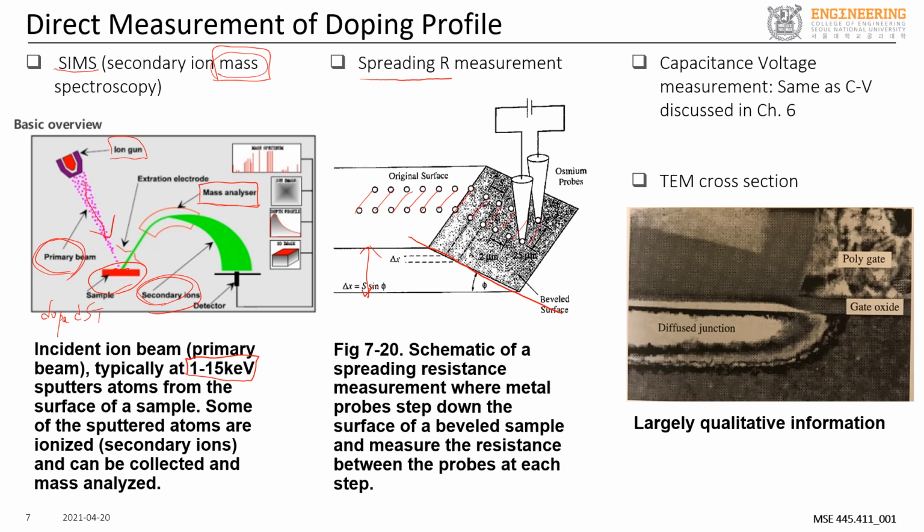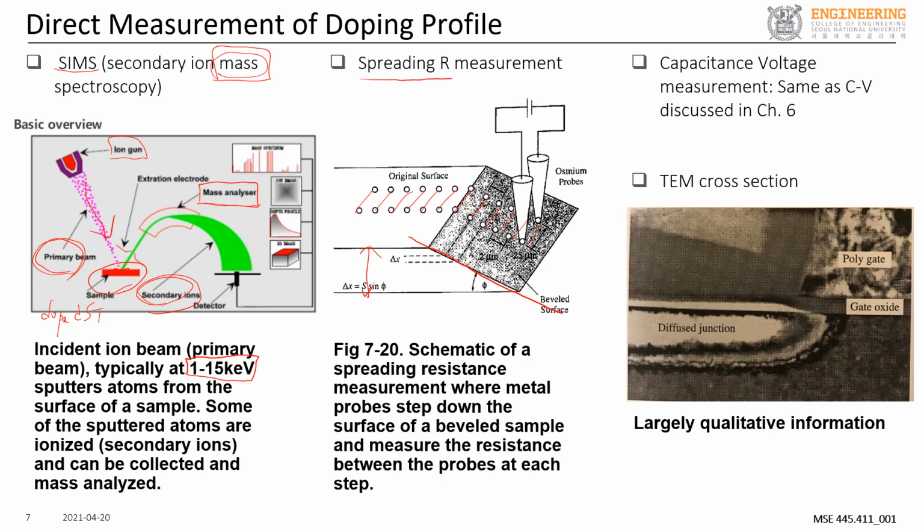As you go deeper, as you slide down along this slope, you will get a different resistance value, which gives you some convoluted information about the doping profile along the depth.